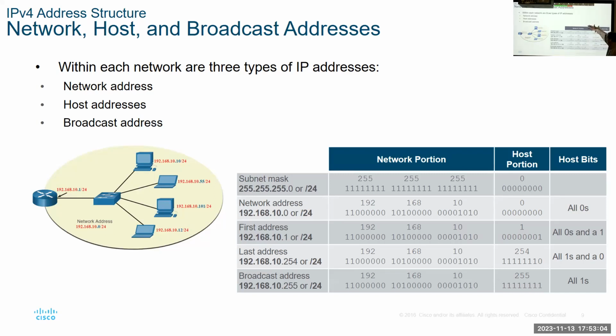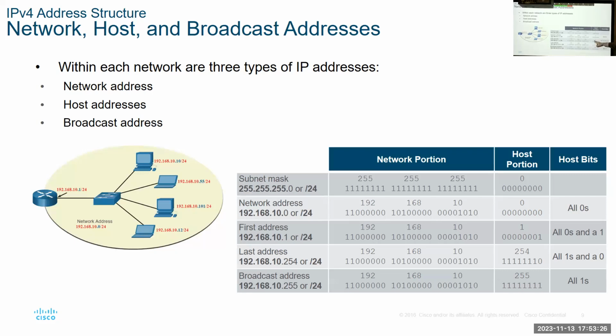So you've got the network ID, the network address, which is when the host portion is all binary zeros. The broadcast address is when the host portion is all binary ones. And then everything in between are host addresses.